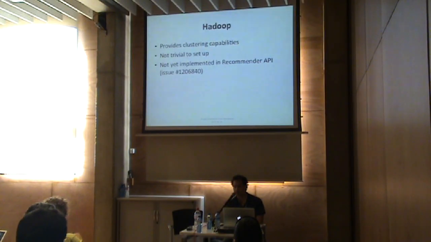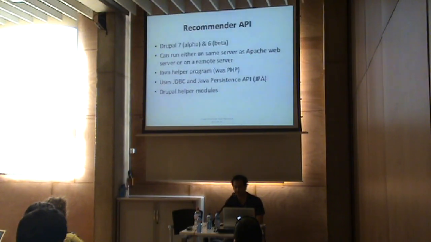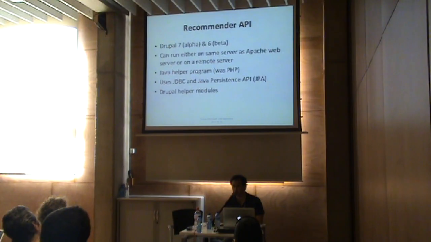It's worth mentioning that the Recommender API is a mix of PHP and Java, and it has its own schema, its own tables that it defines within the Drupal world. Originally, at the start of the Recommender API project a couple of years ago, the developer and current maintainer had built everything in PHP.